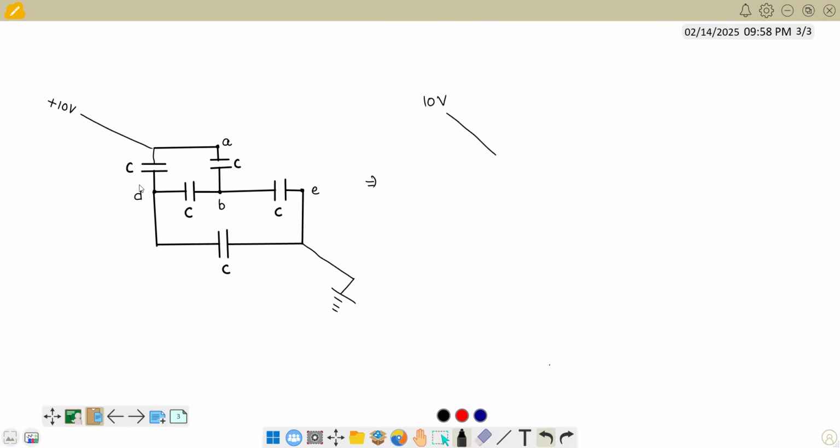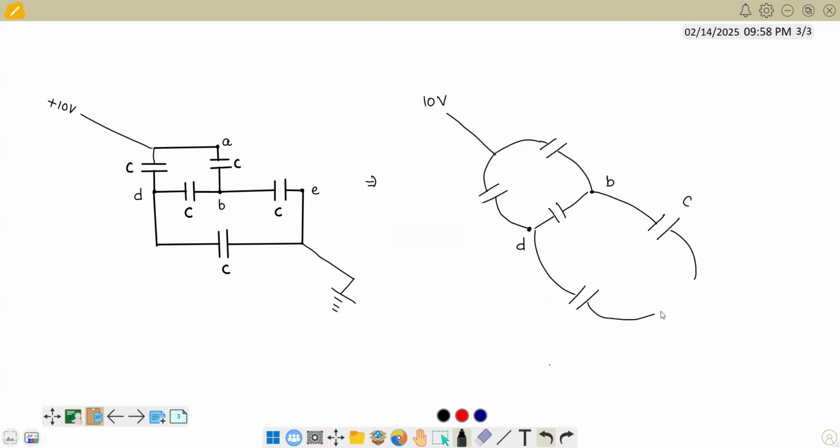If I keep on stretching this figure, you will notice that on this side we get a capacitor, and on the bottom side we have one more capacitor between D and C, because this ending is D and this ending is B. We have a capacitor here, then another capacitor here, C. We have one more capacitor here, that is C, and finally we are connected to ground.